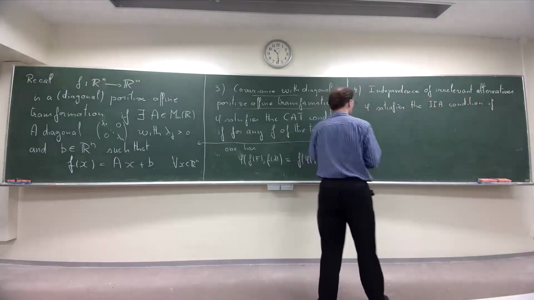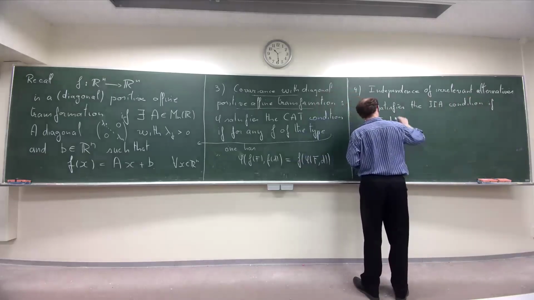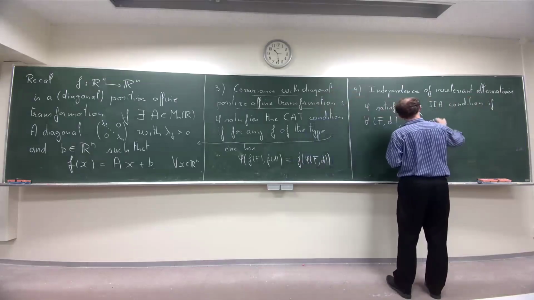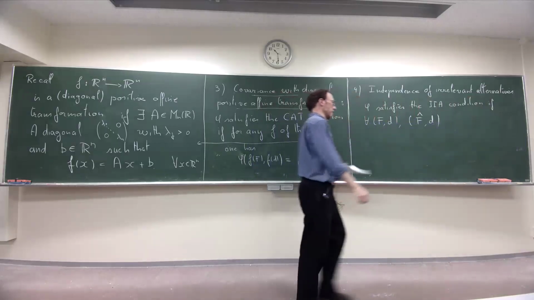So we have 2 bargaining games. If for any (F, d) and a second (F hat, d), be careful, it's the same d, but it's a different set.